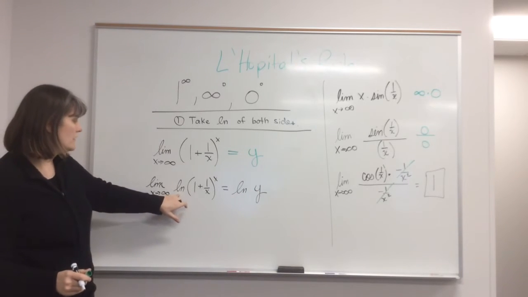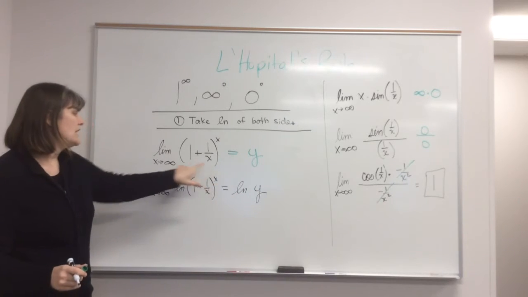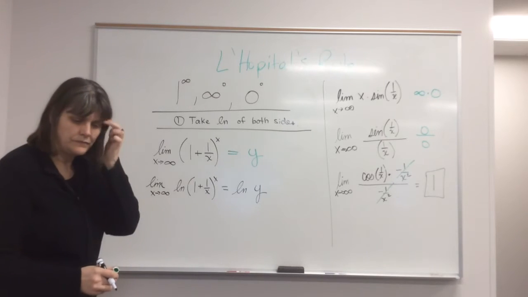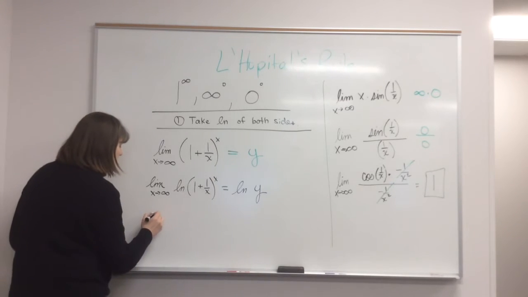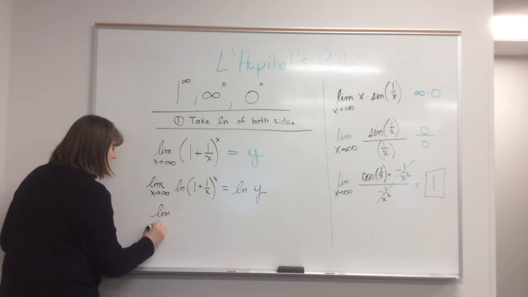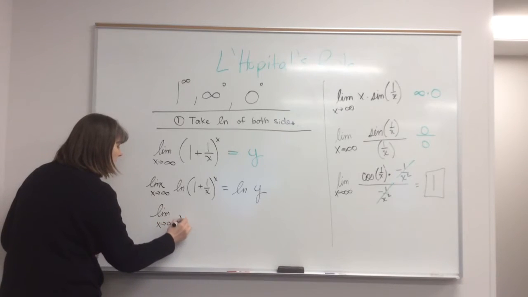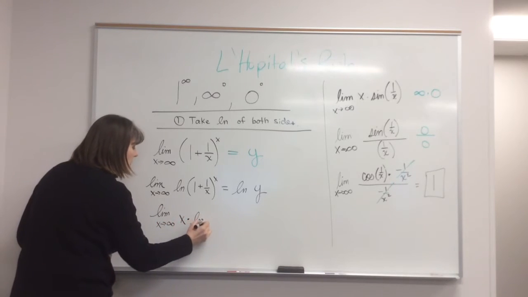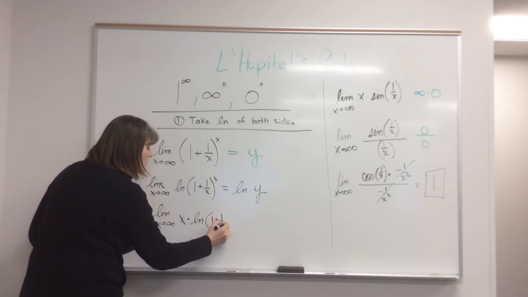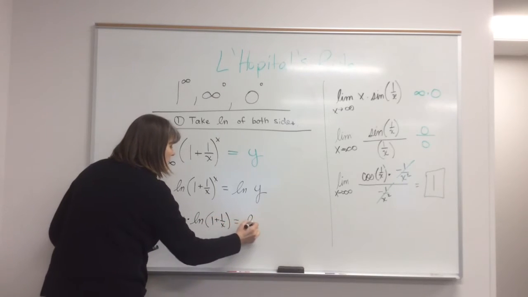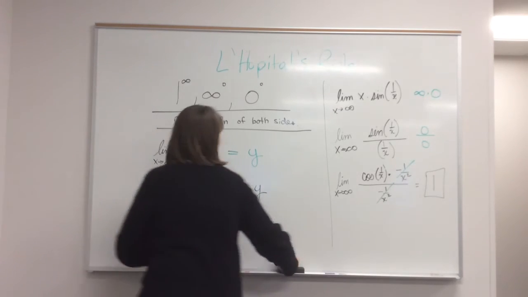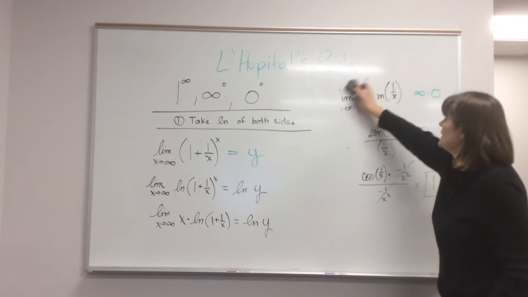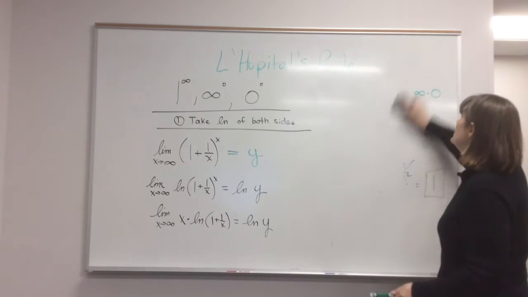Now my properties of logarithms say I can bring this x out in front. So that becomes the limit as x approaches infinity of x times the natural log of 1 plus 1 over x equals the natural log of y. Now, I want you to plug in infinity. What do we get?